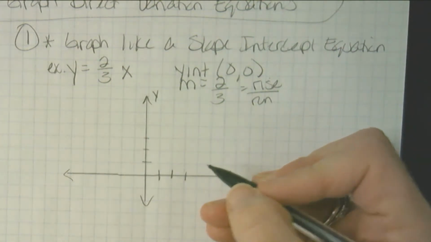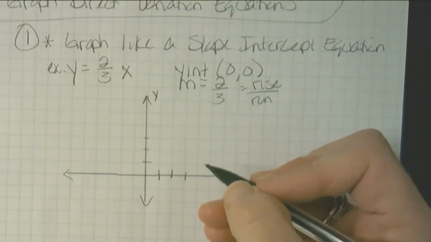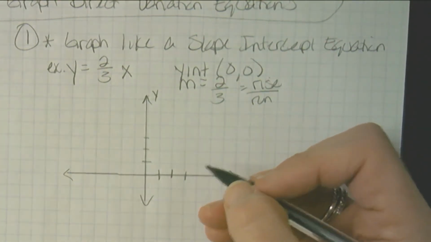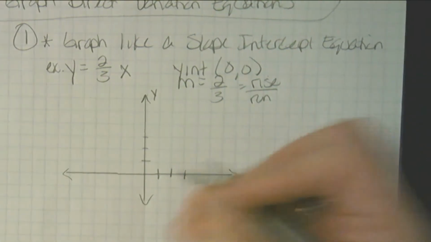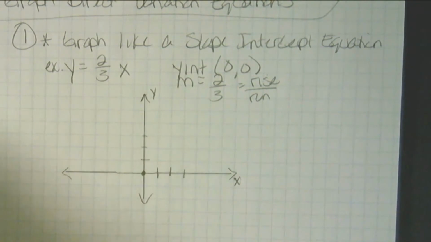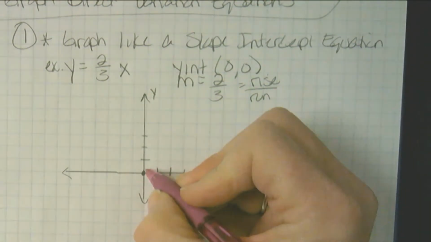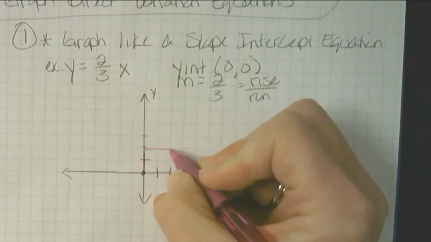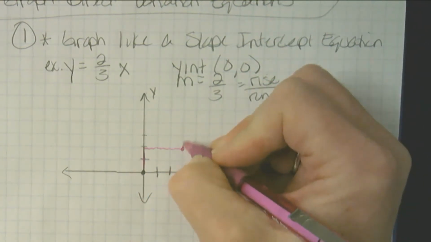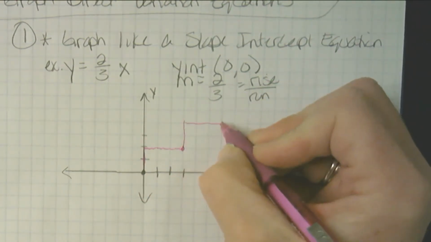All right, for me to graph this, this is a quick review. For me to graph slope-intercept form, what do I graph first? Rita? Y-intercept. And then what? So I'm going to go up 2 and over 3, up 2 and over 3.